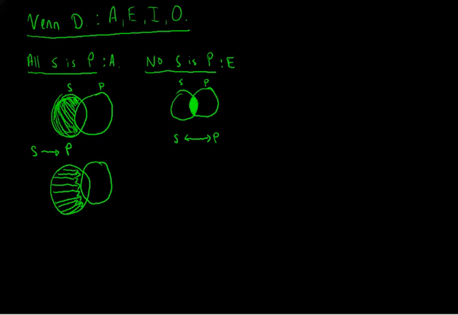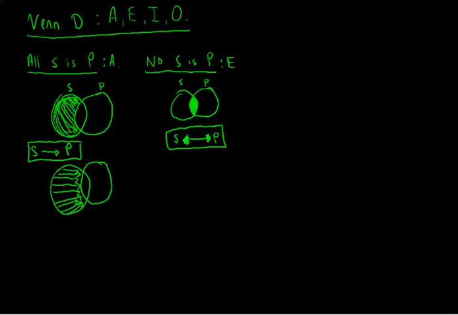So don't buy too much into these arrows. They only mean S is being pushed apart from P, or all the S's are being pushed into the P category over here.